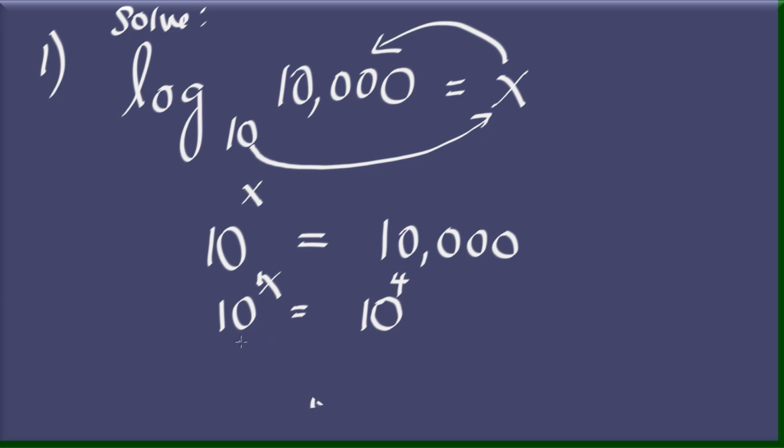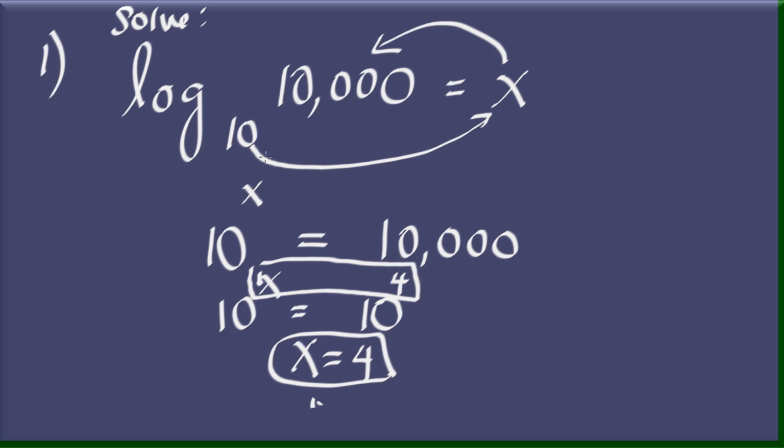Now 10 to the x is equal to 10 to the 4th. Knowing that their bases are the same, it implies that their exponents must be the same also. Thus our solution is x is equal to 4. So look here, log of 10,000 to base 10 is 4. And again, logarithm in its simplest term is an exponent. As you can see here, the exponent of 10 must be 4 in order to get that 10,000.